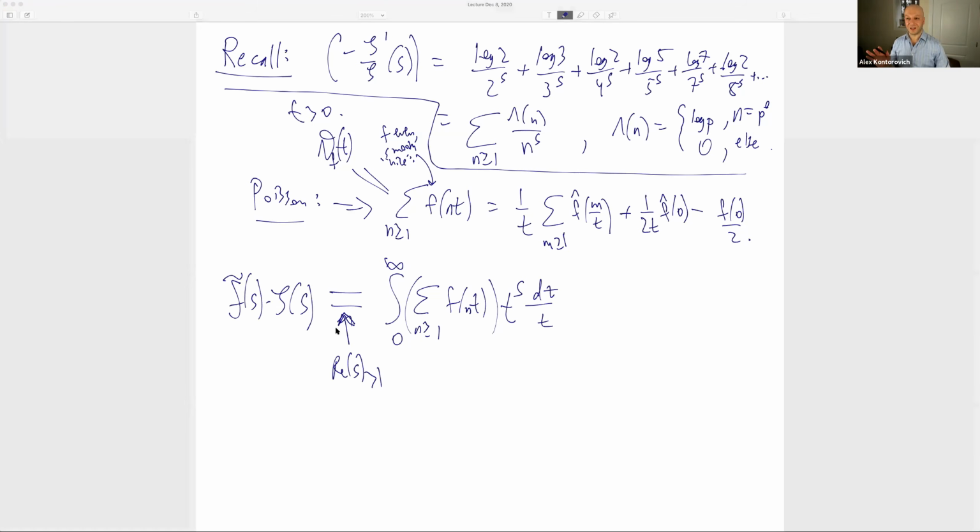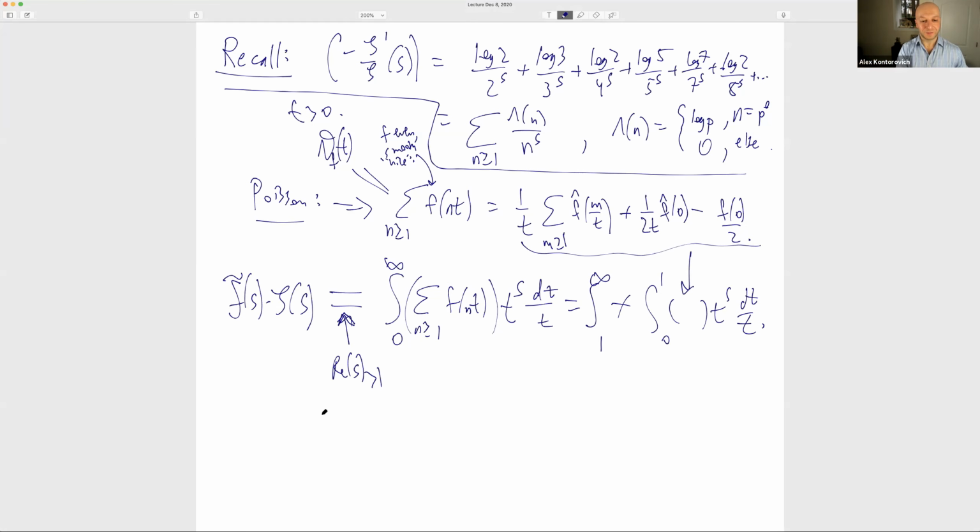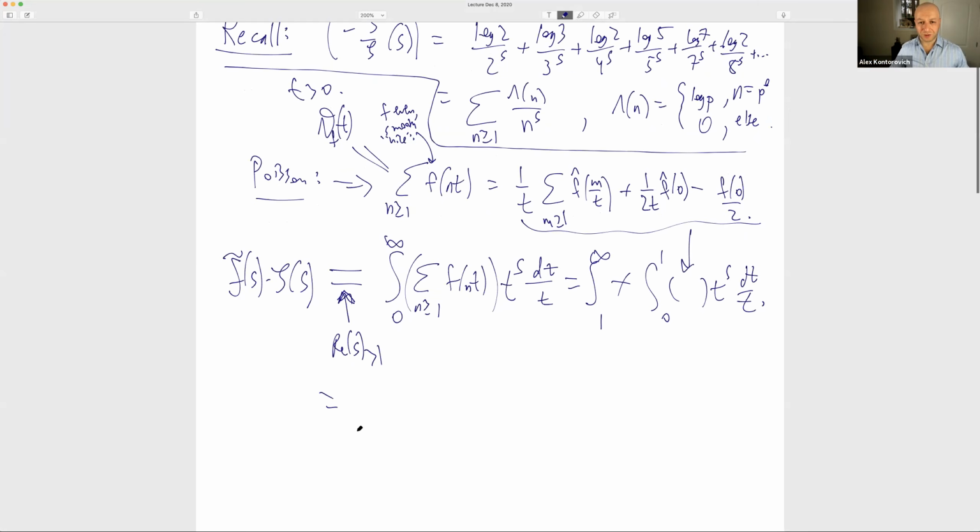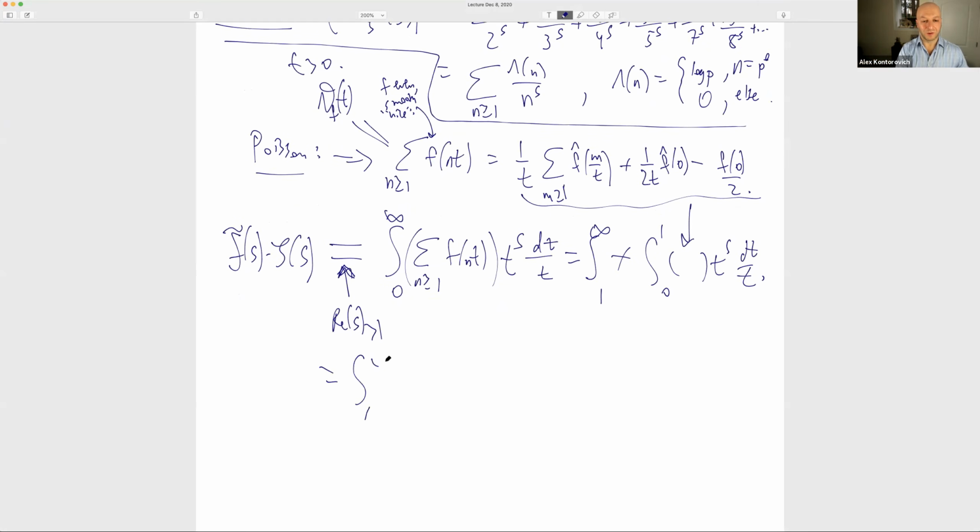I'm reminding you what we did last time. Then we kept this, which has very nice decay properties at infinity. We kept that integral. But from 0 to 1, we plugged in this side times t to the s dt over t, and we made a change of variables, which came out to an integral from 1 to infinity. There's this factor, the sum over n bigger than 1 of f of nt, all times t to the s.